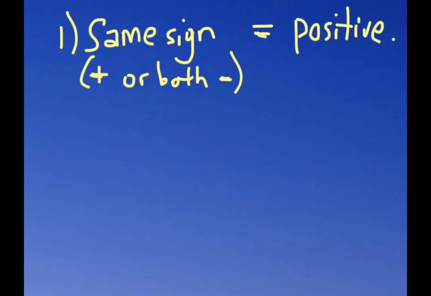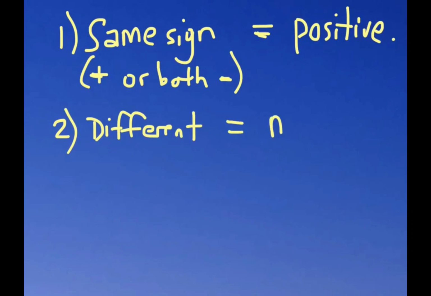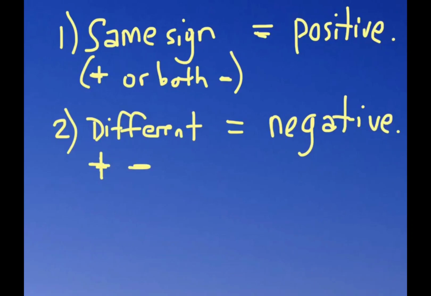And if the two numbers have different signs, that means you would get a negative answer, for example, if you multiplied a positive and a negative number together. And that's the same case with division, by the way. So let's try a couple examples.